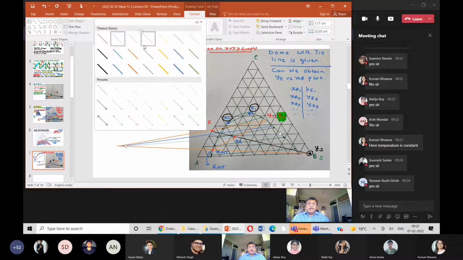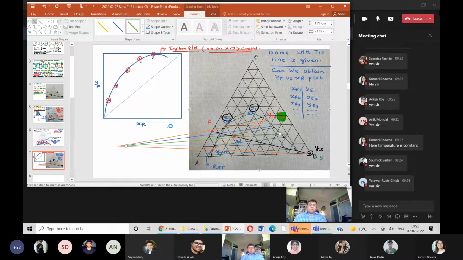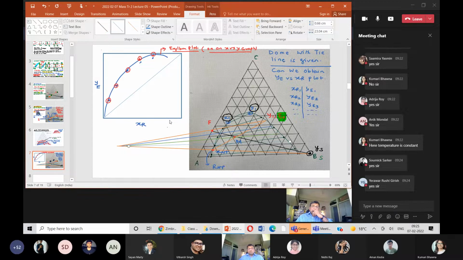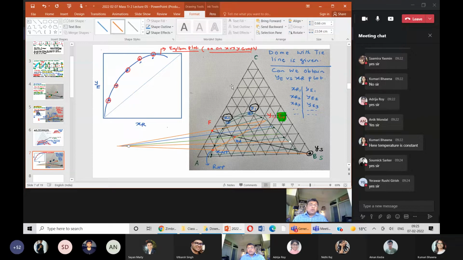We draw a few random lines from the point delta.